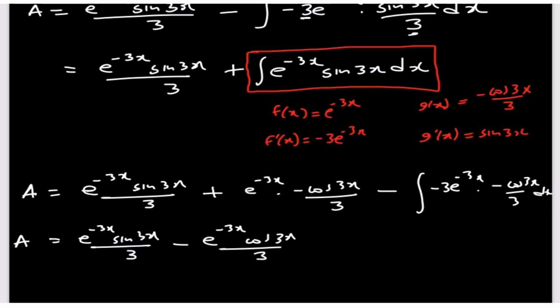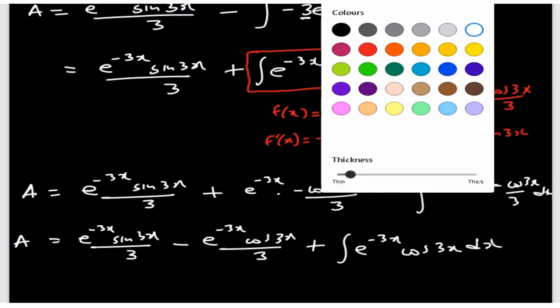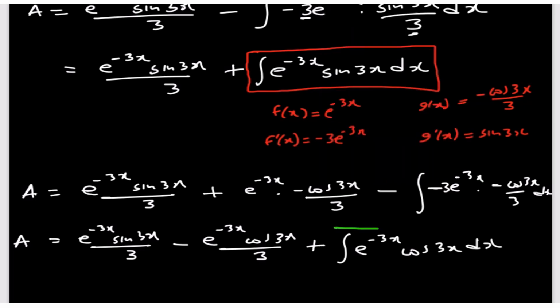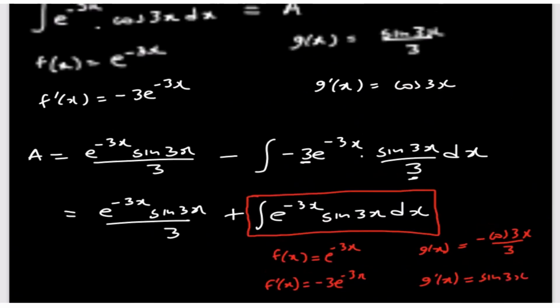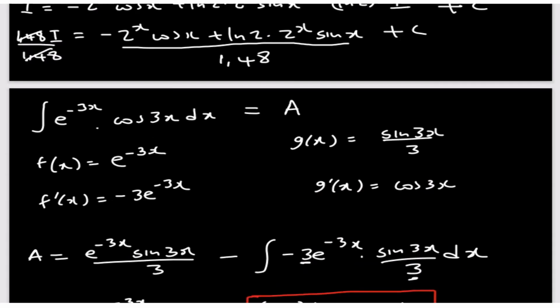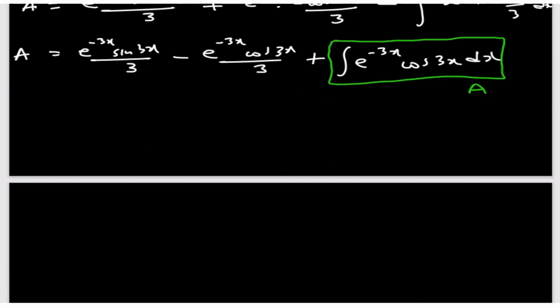Then this minus and this minus will be positive. Then 3 and 3 will cancel. So I'll just have positive 3x cos 3x dx. Now tell me, do you see this is exactly A? This is that A from the beginning, the one they gave us here.